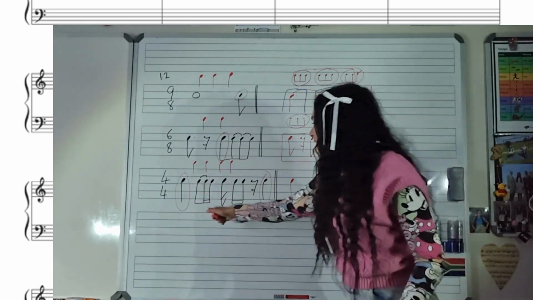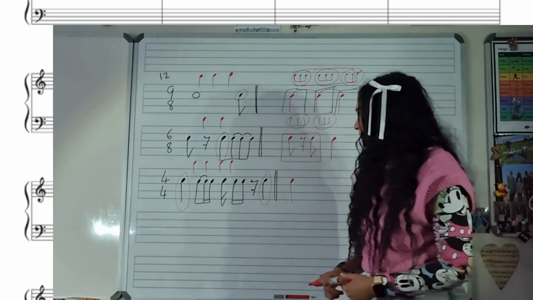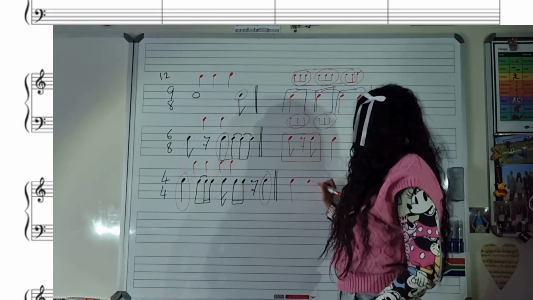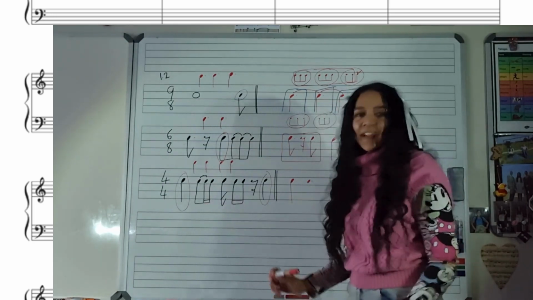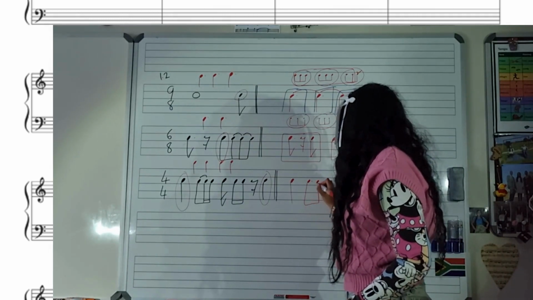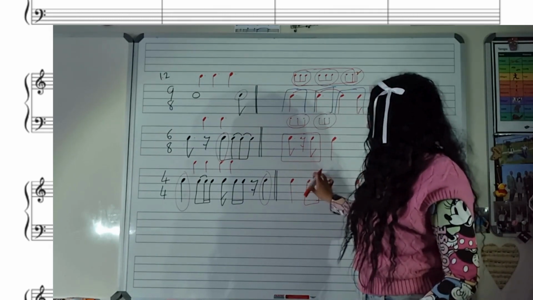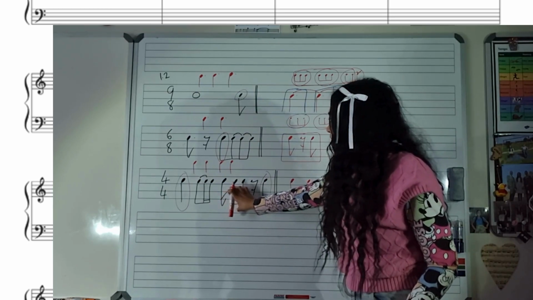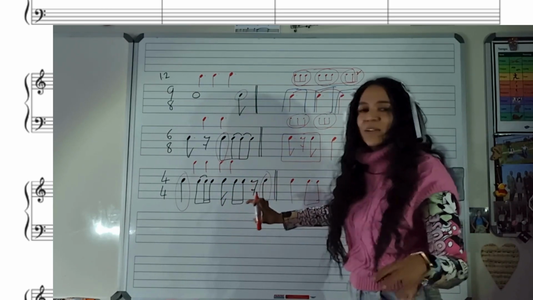So now we need to change what's going on here. First things first, that's not grouped very nicely. We have a quaver tied to a semiquaver, and we know that we can just have a dotted quaver in that regard, and then beam it to a semiquaver. So that's beat 1, beat 2, and then beat 3 is over here, and we can just go ahead and beam those together as they are equal in value.